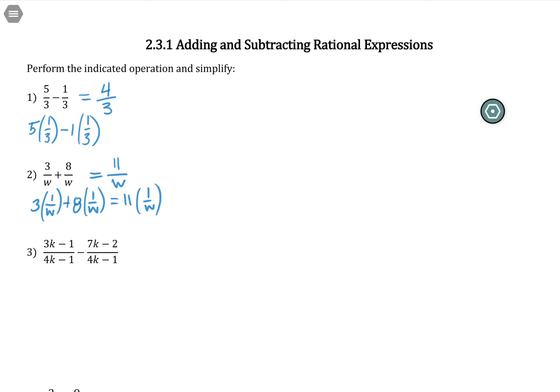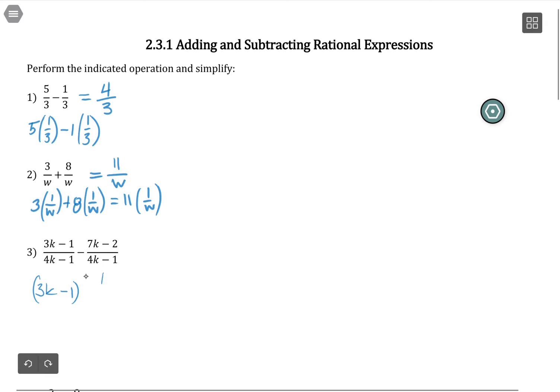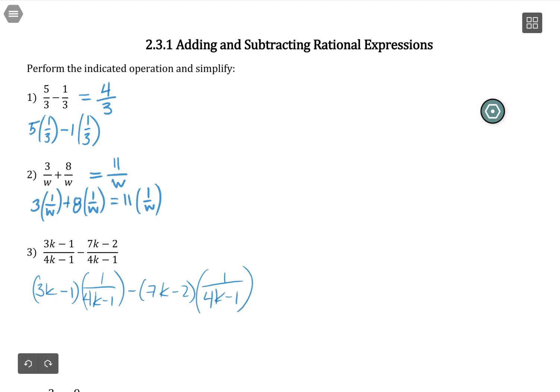And even as this gets messier, if I have 3k minus 1, 1 over 4k minus 1s, and I subtract 7k minus 2 of the 1 over 4k minus 1s, then what I want to do is just combine those coefficients, but it starts to look a little scarier to write it this way.